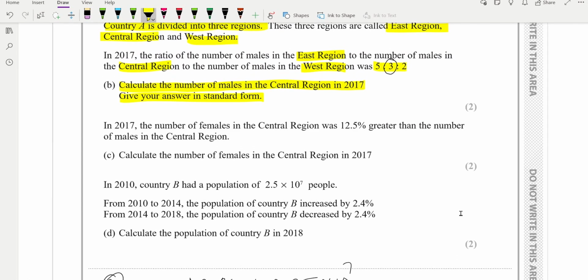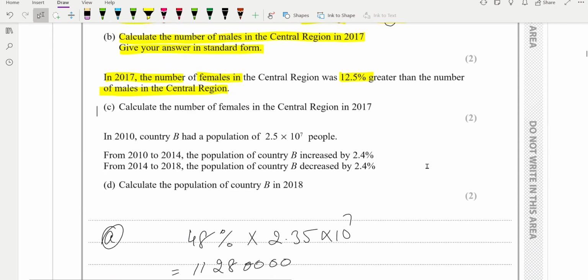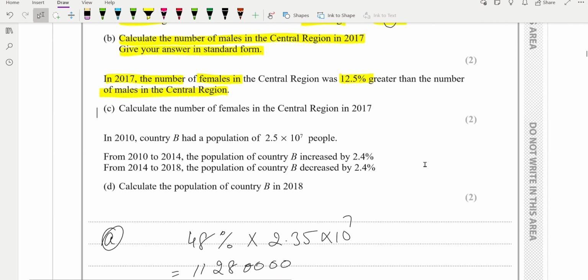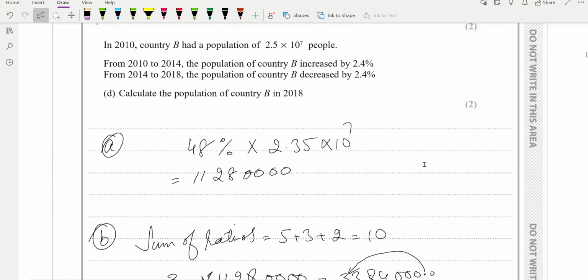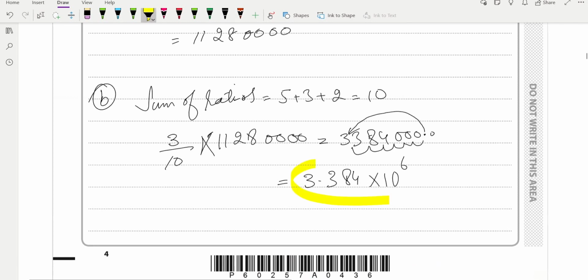Then part C: in 2017, the number of females in the central region was 12.5% greater than the number of males of the central region. So we have to calculate 12.5% more than this number which we have already calculated.